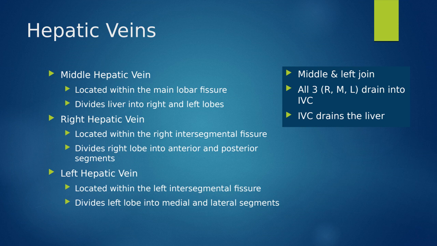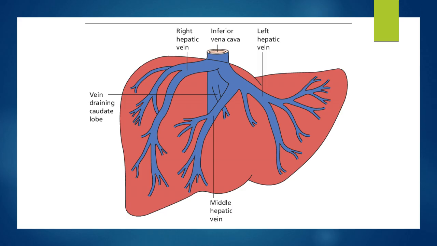Now we said most structures, most things enter and exit the liver at the porta hepatis with the exception of the hepatic veins. So the hepatic veins drain towards the top of the liver. Everything else happens down here, right? So the hepatic veins are going to be different from that.